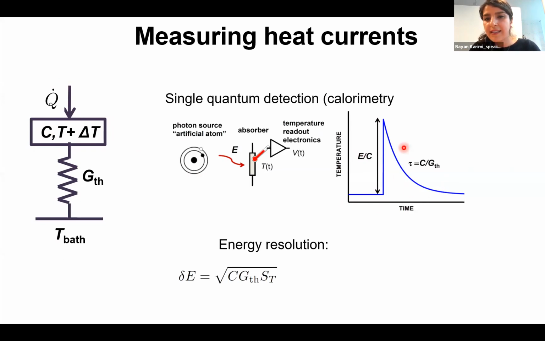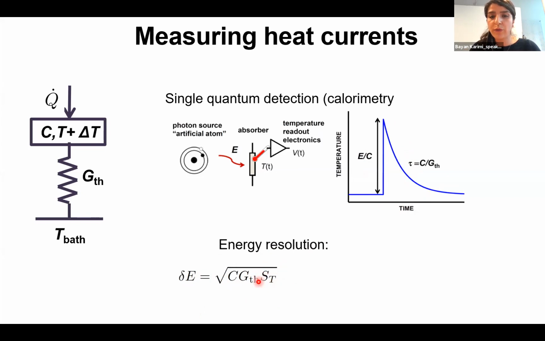This gives us the energy resolution, given by this expression, C G thermal S_T. It means that we should have as weak as possible thermal conductance to the phonon bath, small heat capacity, and S_T, which is the spectrum of the temperature, let's say the noise equivalent temperature for the thermometer.